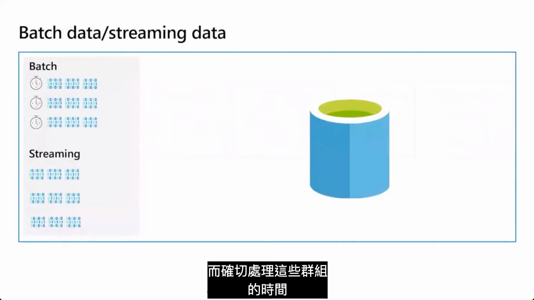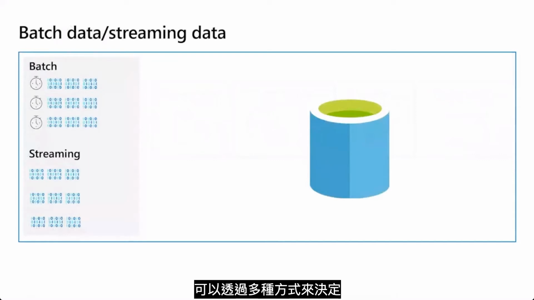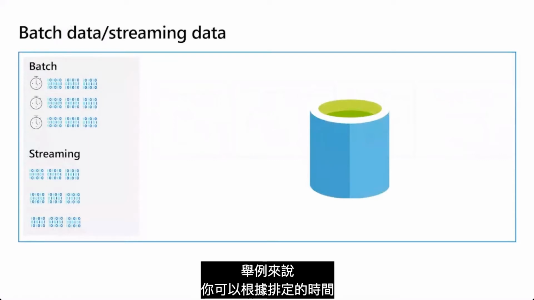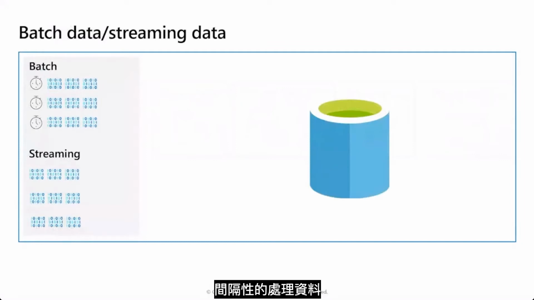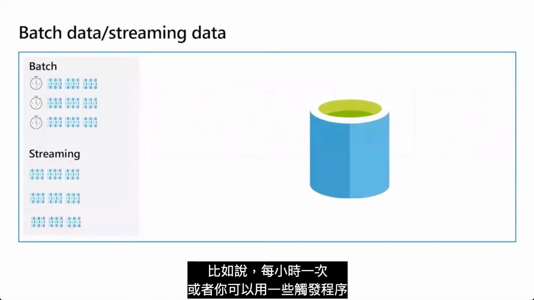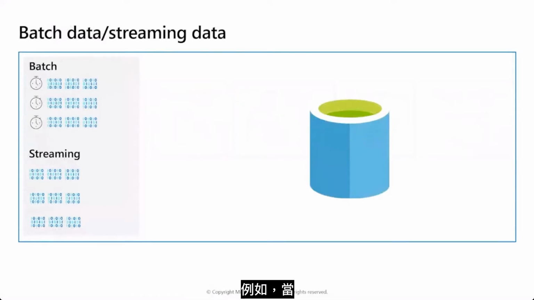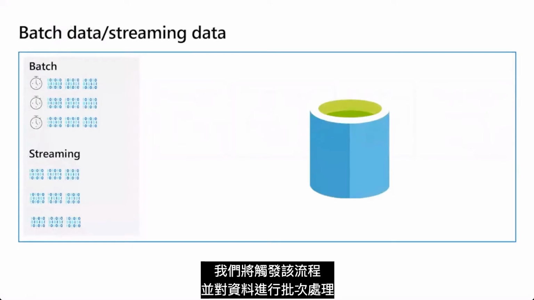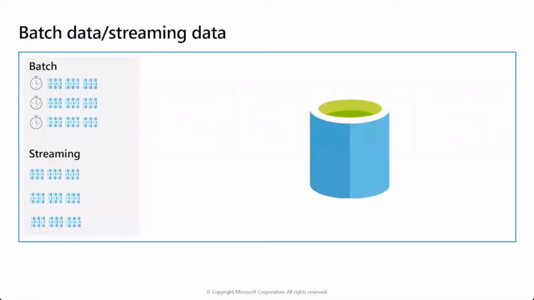Exactly when each of these groups is processed can be determined in a number of ways. So for example, you can process the data based on a scheduled time interval, say for example, every hour, or you could use some trigger. Say, for example, when a certain number of data items have arrived, then we trigger that process to go and batch process it.